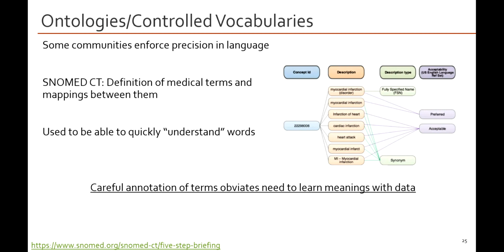The idea behind SNOMED is if people who write medical records are encouraged to use this terminology, we don't have to learn the meaning of these words automatically from text. There's no need for a word embedding because I can look up these words, see what their actual defined meaning is, and use that to interpret the text.